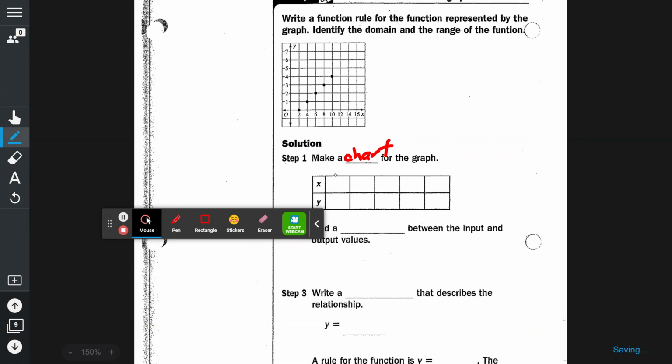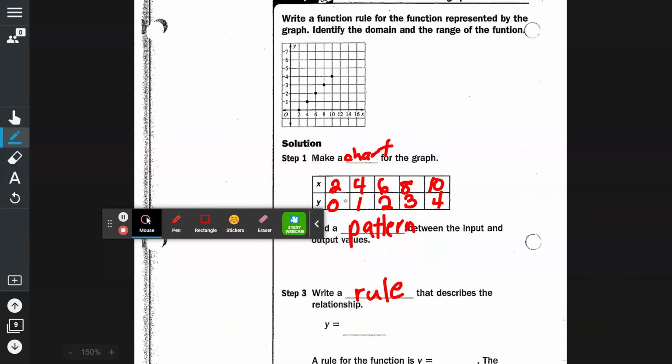So when x is 2, y is 0. When x is 4, y is 1. When x is 6, y is 2, 8, 3, 10, 4. And I'm looking for a pattern between my input and output values. And I'm going to write a rule that describes this relationship.